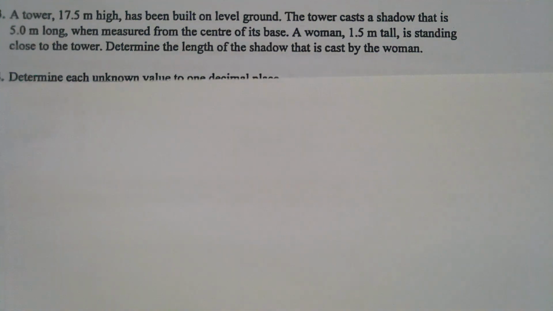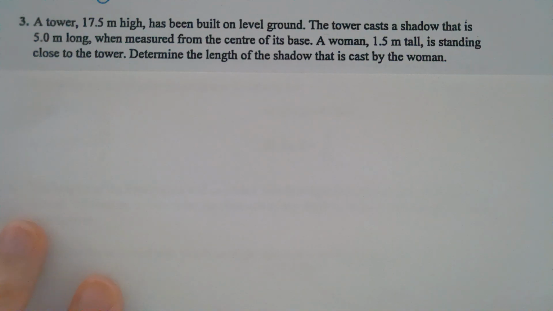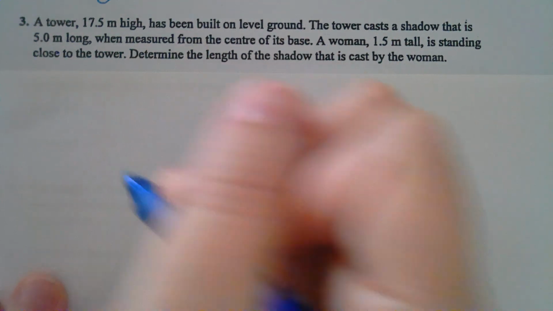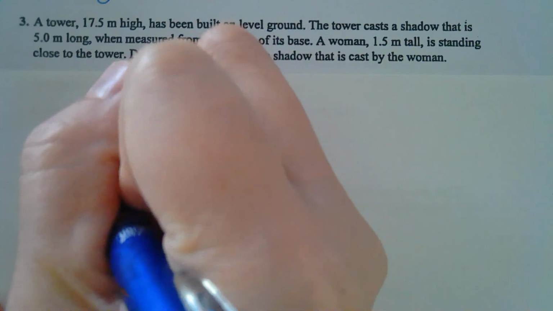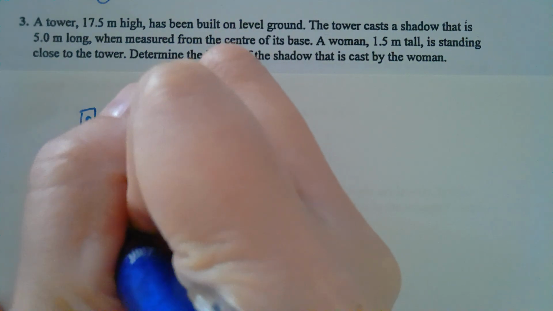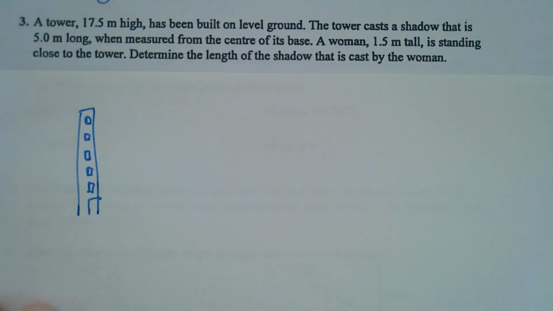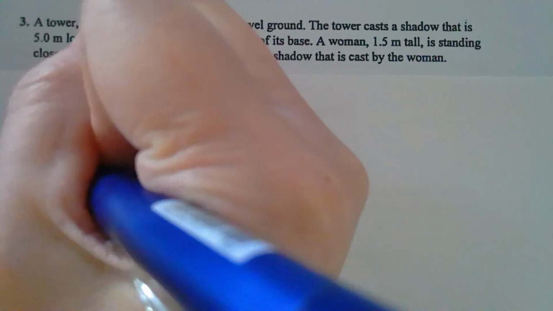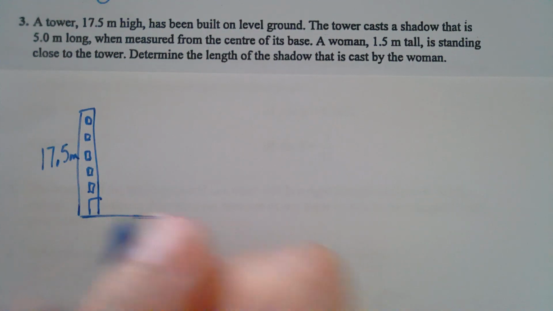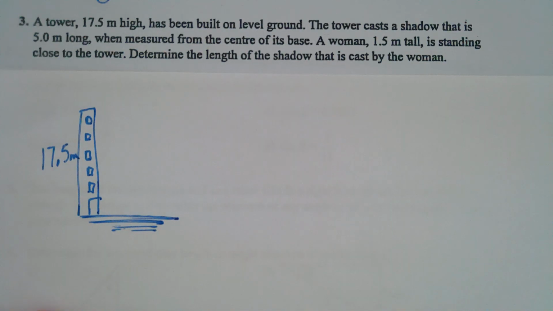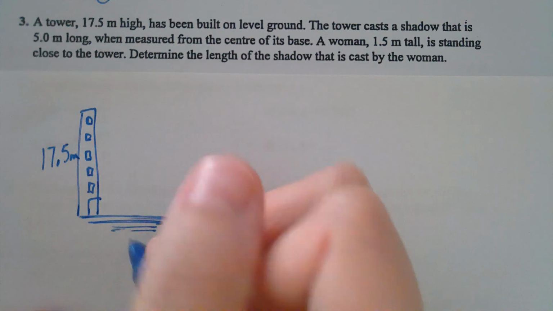Right, so let's draw this diagram. Alright, so the tower. Alright, let's say this tower. Alright, 17.5 meters. Okay, it casts a shadow that is 5 meters long.